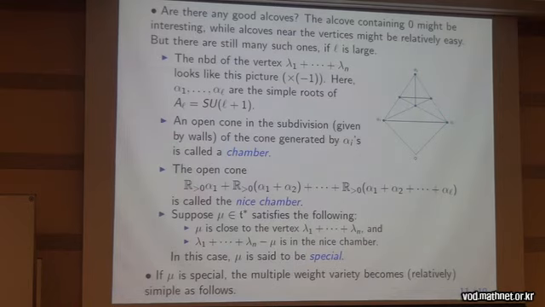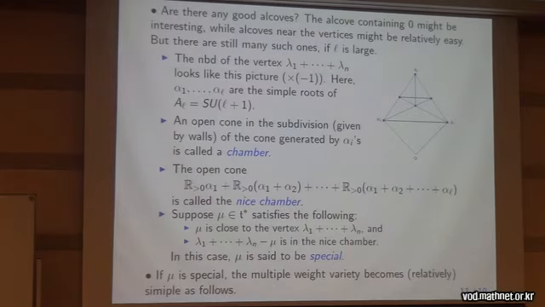Okay, and here is the definition. An open cone in the subdivision given by walls of the cone generated by the alpha_i's is called a chamber. For example, this is a picture of A_3, SU(4), and alpha_1, alpha_2, alpha_3 are the simple roots.